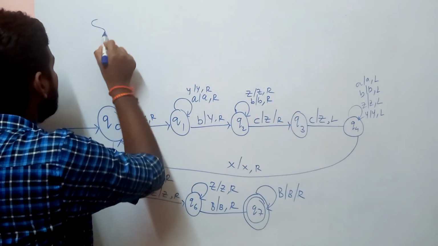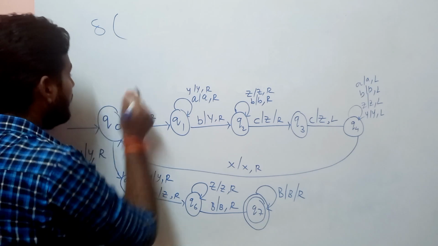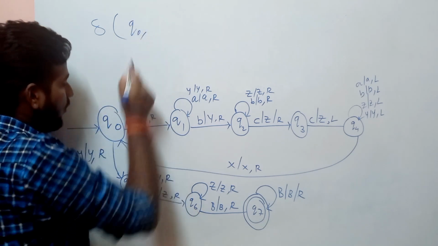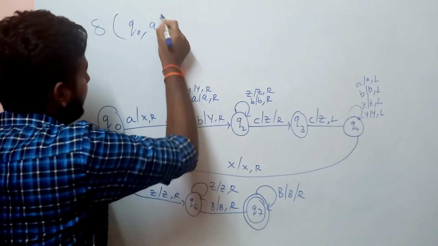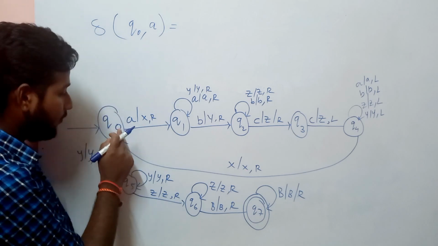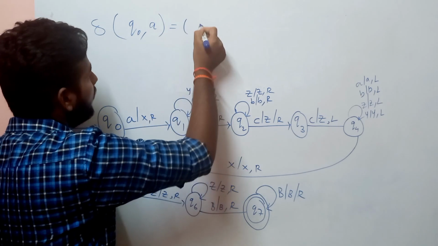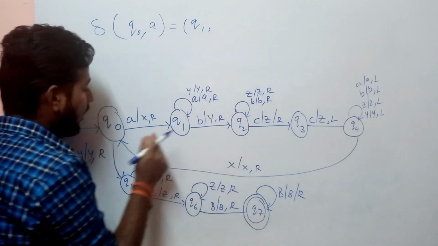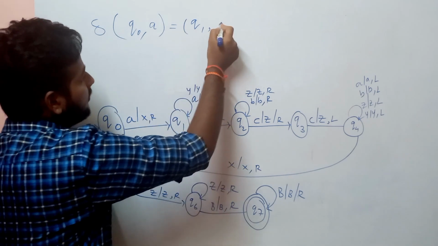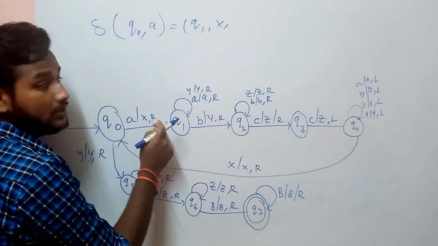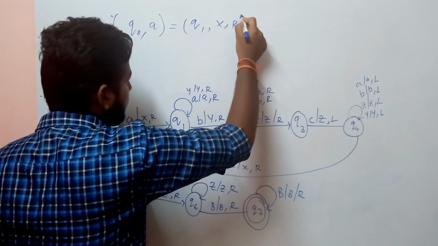The transition function is simply written as the transition function of the present state and what input we are giving, A. If you give input A to this Q0, this Q0 changes to Q1, and this A changes to X, and in which direction? Right.